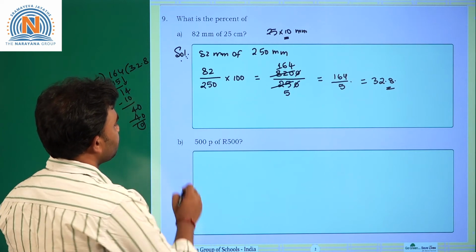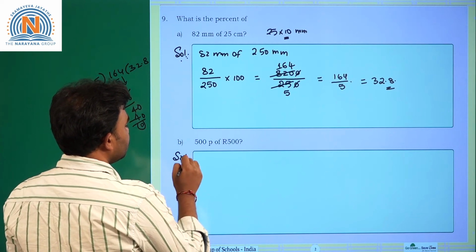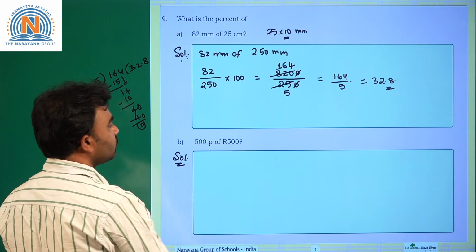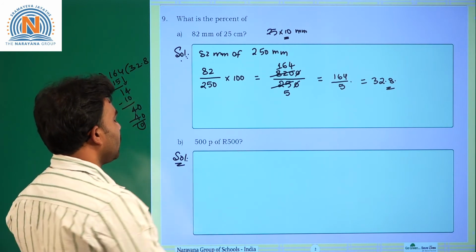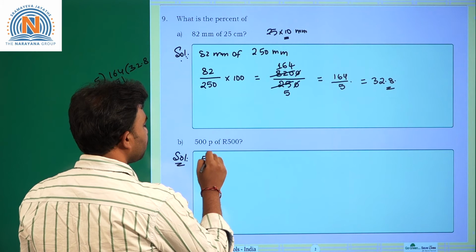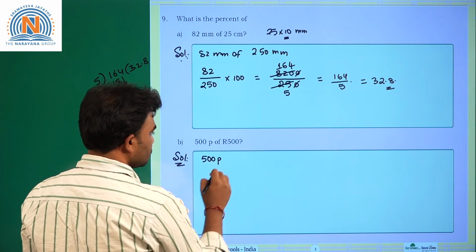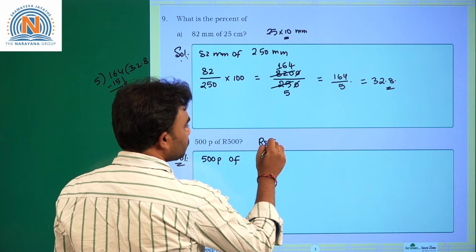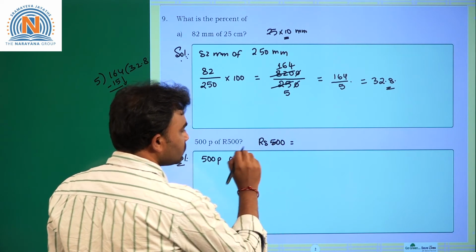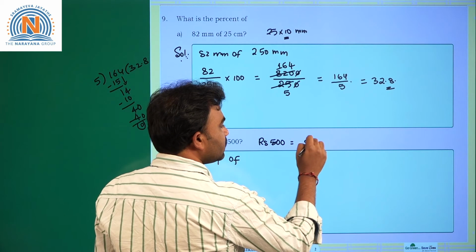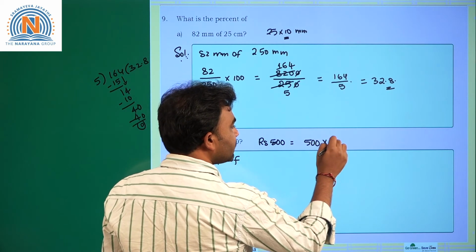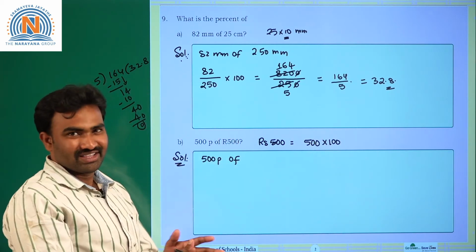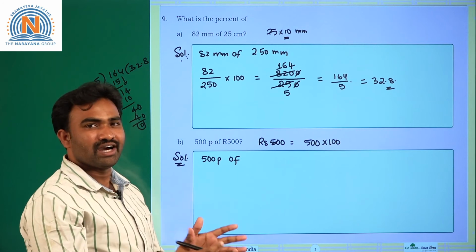Next one. 500 paise of rupees 500. Now 500 paise of, see, this rupees 500 can be written as 500 into 100. Why? We know that 1 rupee is equal to 100 paise.